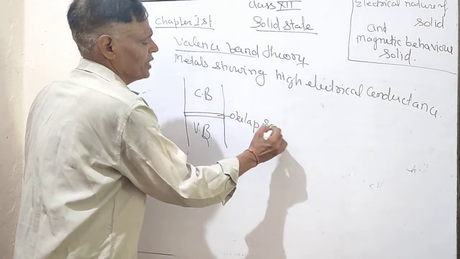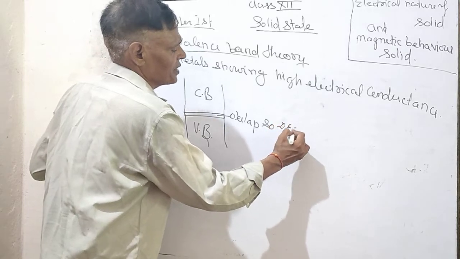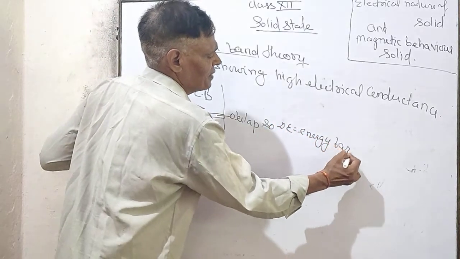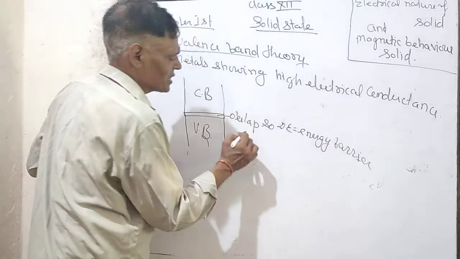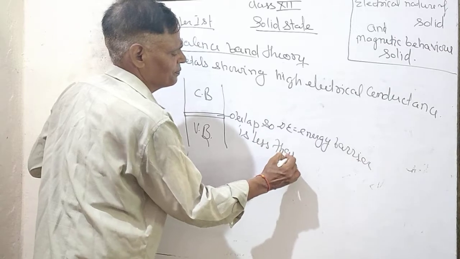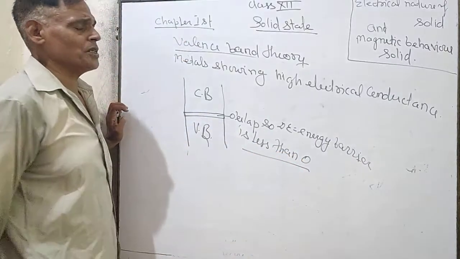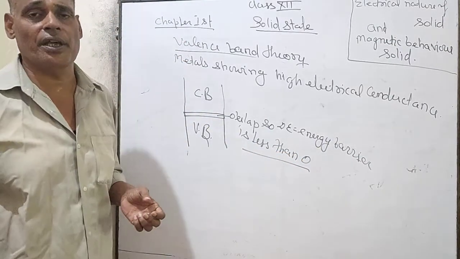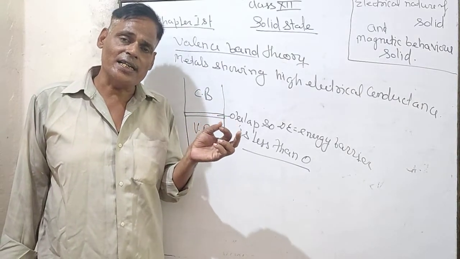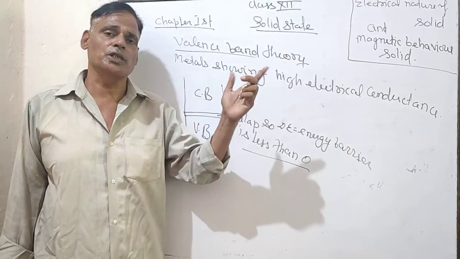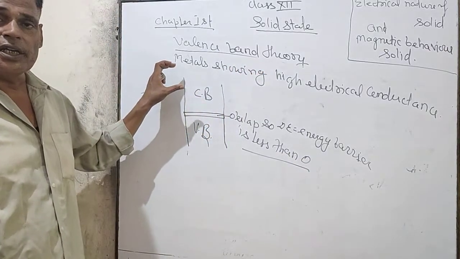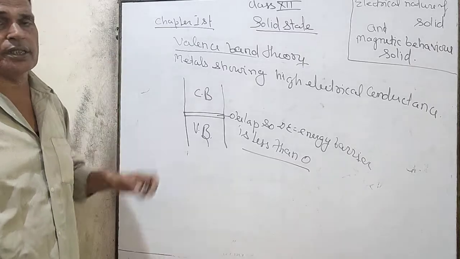So the energy barrier, that is delta E, is less than zero. That's why whatever potential difference we develop sends the electron from one point to another. So this is the case in which a solid shows high conductance.